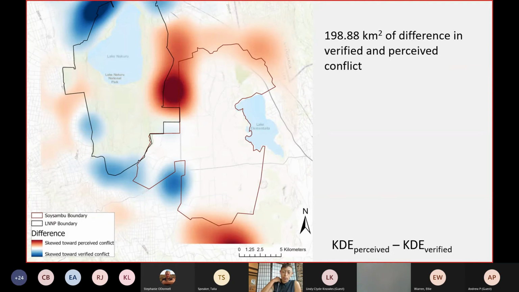And the opposite holds true for the blue. So those are areas where the government has recorded a lot of these verified livestock kills, and the communities are recording fewer of them. So our hunch about there being these big differences between these two data sets turned out to be correct, and we now know where specifically to focus community outreach efforts.